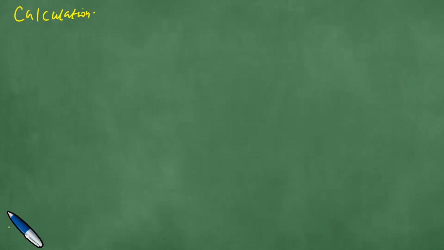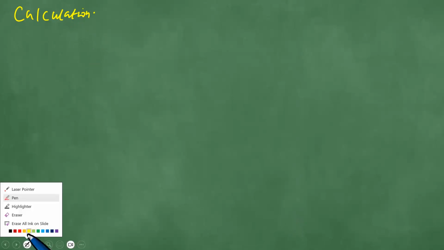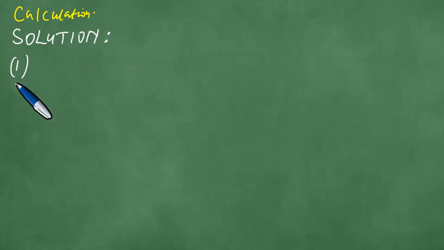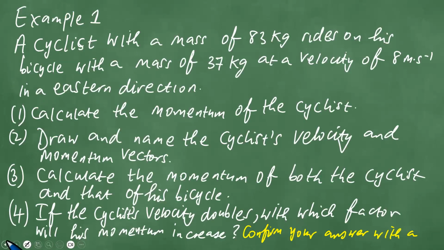Okay, let's look at the solution to this example. The first question. What we write first is called data, because we must write the given information.